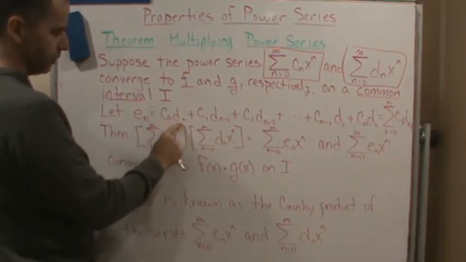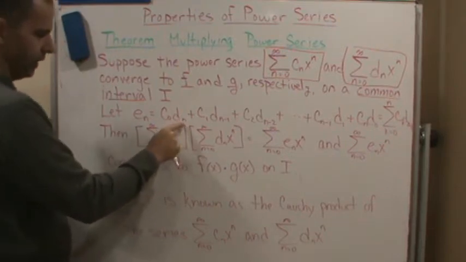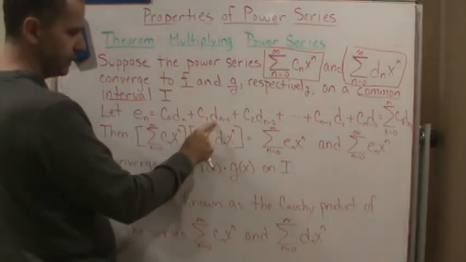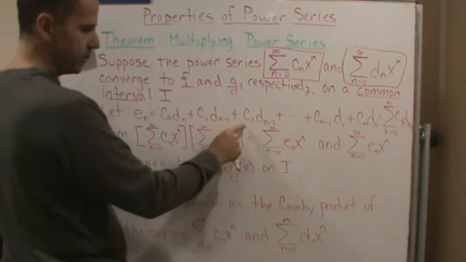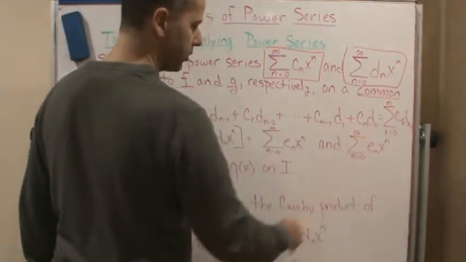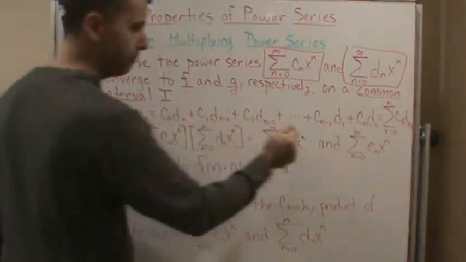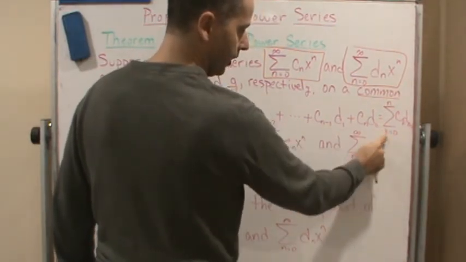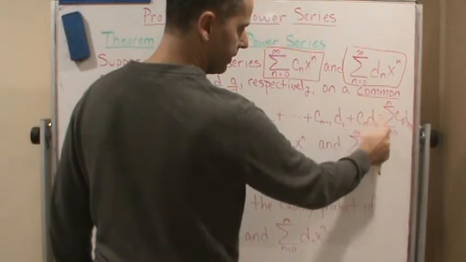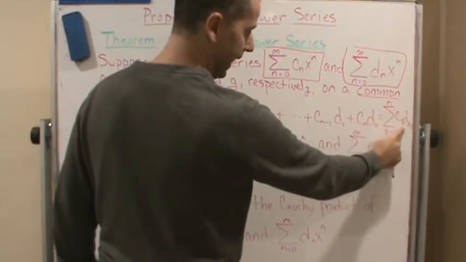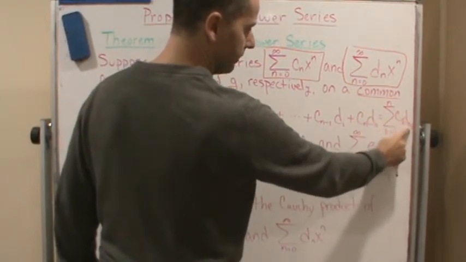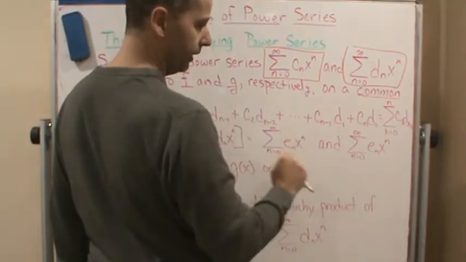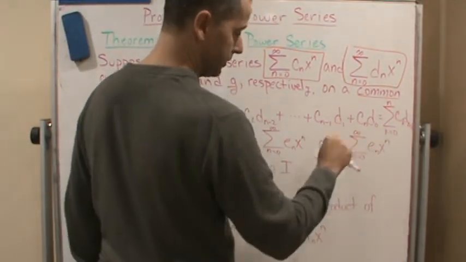So this is c0 times d sub n, this is c1 times d sub n minus 1, and so on, and it goes all the way down. We can define this as a partial sum denoted by this expression: k equals 0 to n, the sum of c sub k times d sub n minus k. It's hard to see that, but that's why I'm saying it.